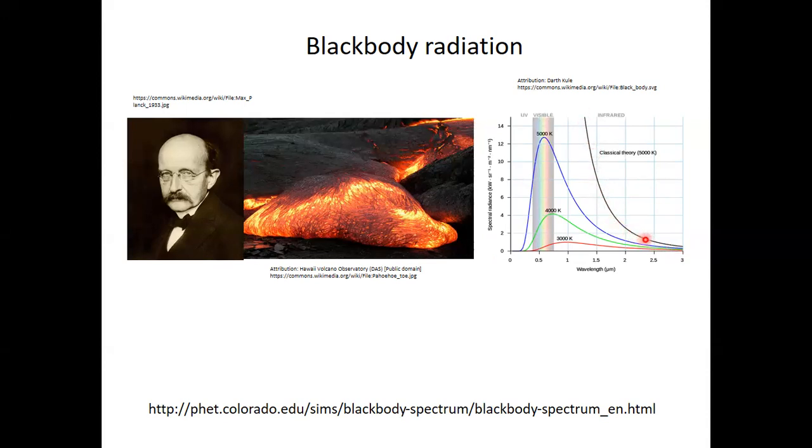The intensity would continuously increase at decreasing wavelengths, so the curve would not go through a maximum, but would continuously increase. And that would mean that basically any object at any temperature would glow white hot.